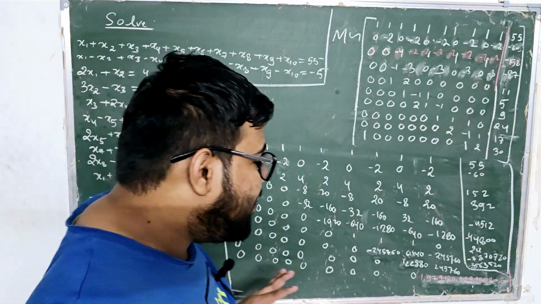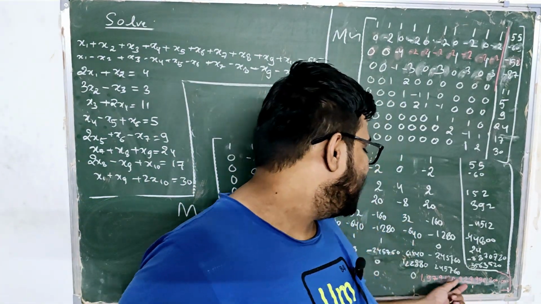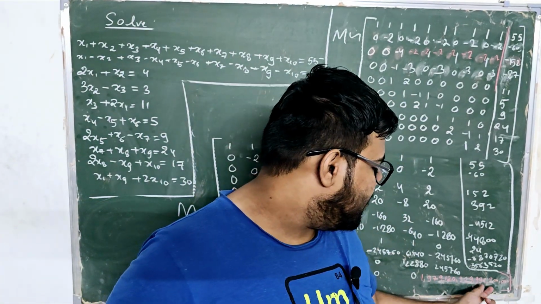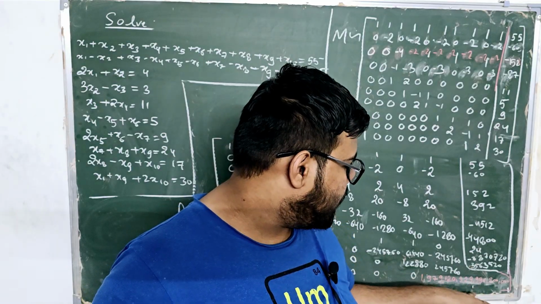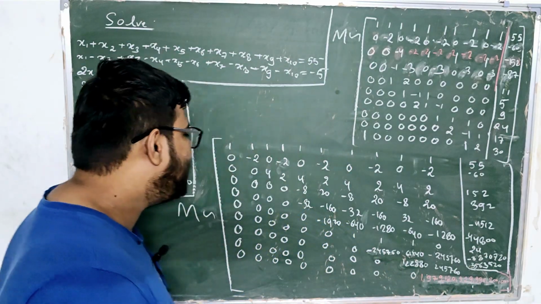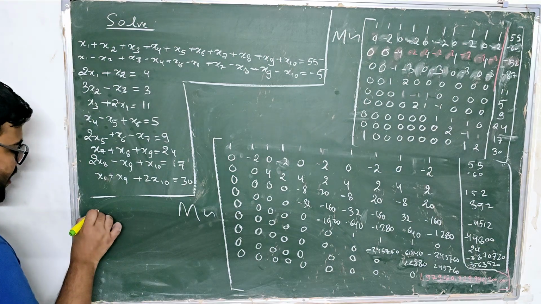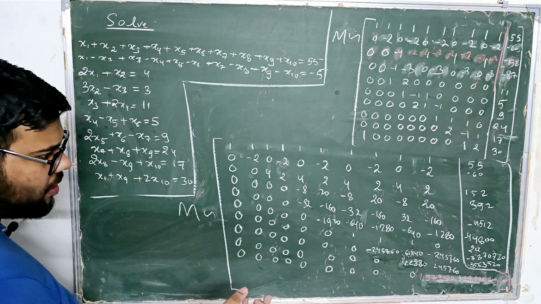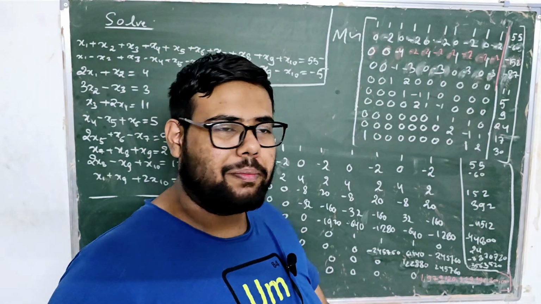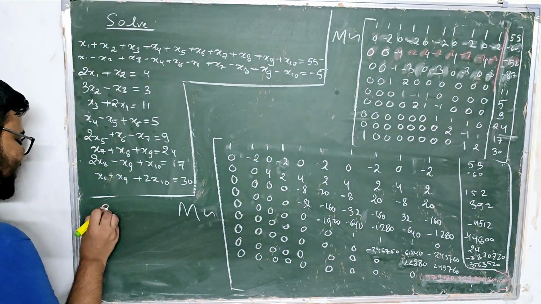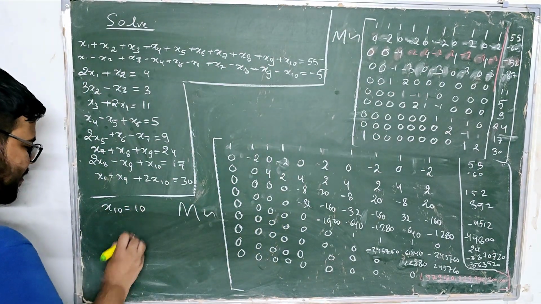And surprisingly, when you solve it, the value and the value of the B matrix for this position are both equal. So it means that X, I mean, it is not equal. I guess it was, yeah, it is 10 times this value. So x10 is actually 10.